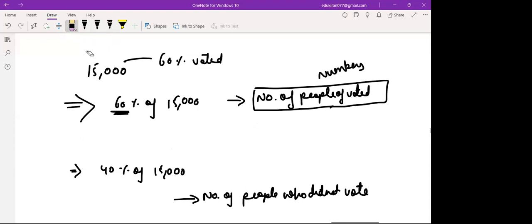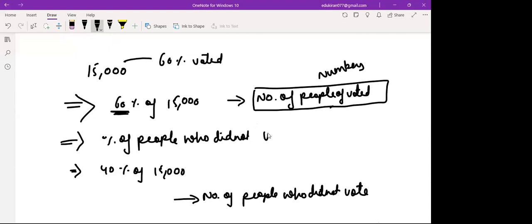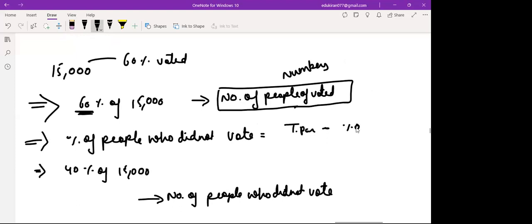Right? Now I'm doing the second step here. In the second step, what you will write? You will write percentage of people who did not vote. So it would be total percentage minus percentage of people who voted.